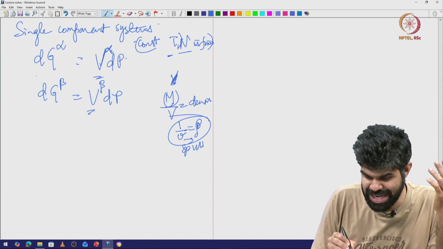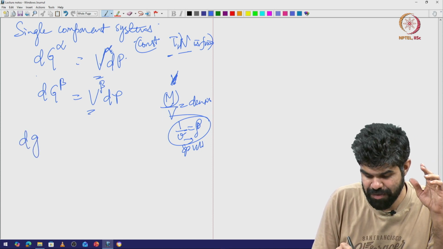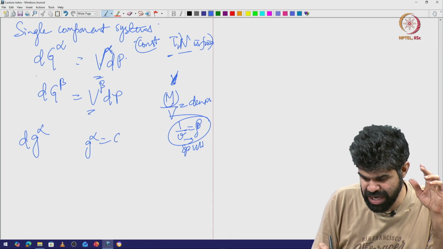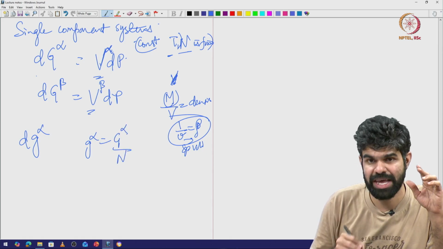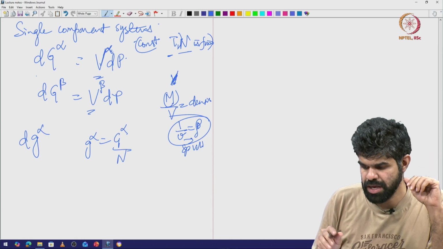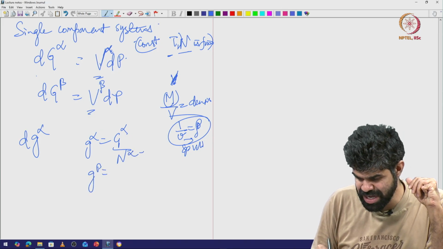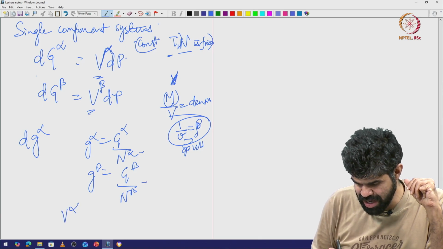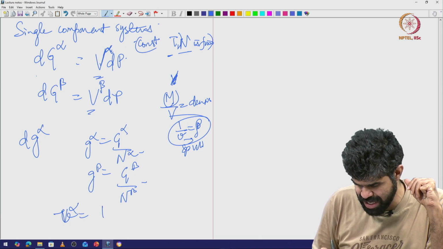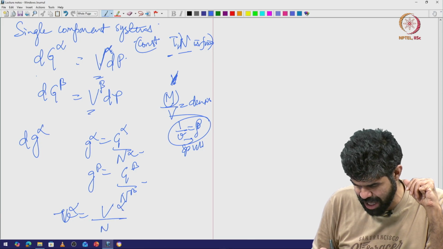Here also it is per unit atom, as I am not changing the number of atoms. So I am going to write small g alpha equal to capital G alpha by n alpha, where n is the total number of alpha atoms. Similarly g beta is capital G beta by n beta, and small v alpha is capital V alpha by n alpha.